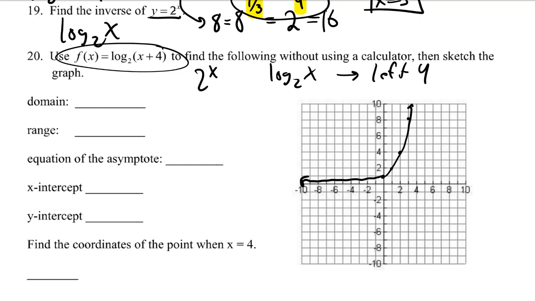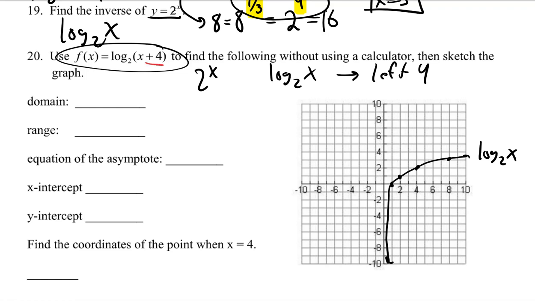Because this is its inverse, switch x and y. (0, 1) becomes (1, 0), (1, 2) becomes (2, 1), (2, 4) becomes (4, 2), (3, 8) becomes (8, 3). So not only does that help you discover what log base 2 of x looks like, you've got some exact points. I'm sure it goes through those exact points.